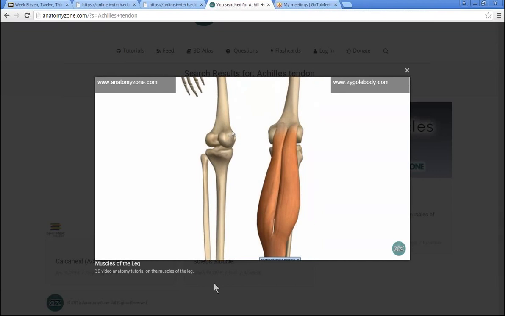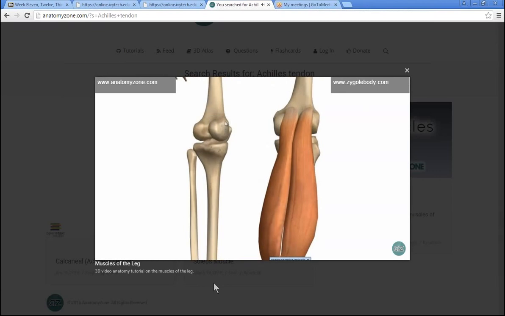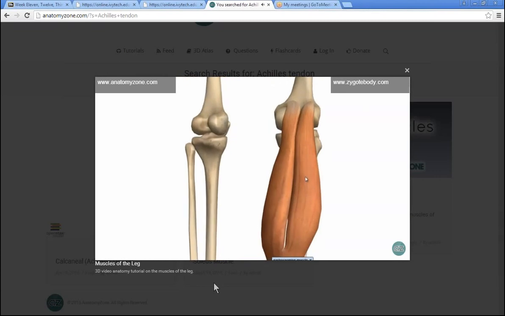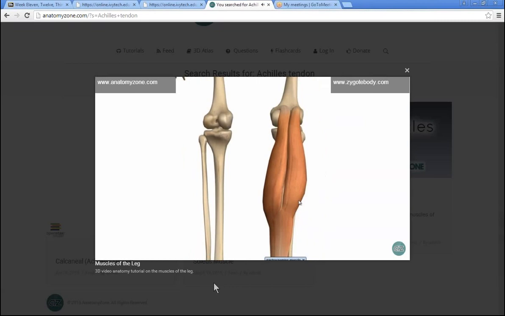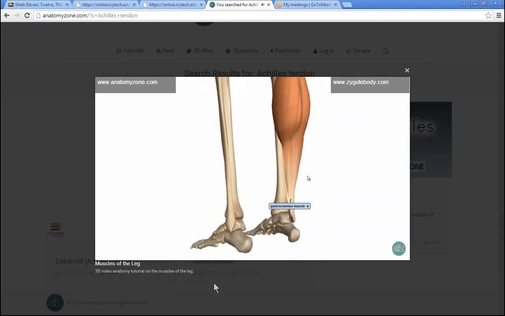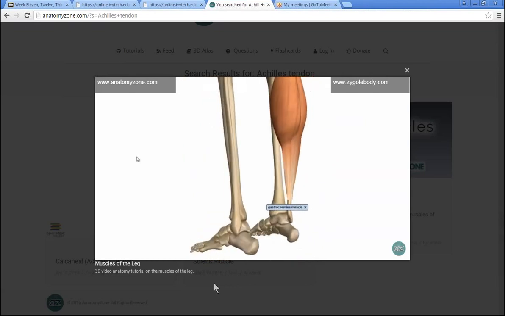So you can see on this side there's a facet here which the lateral head of the gastrocnemius muscle originates on. And if we follow the muscle down, it's not quite shown clearly here, but it inserts onto the calcaneus via the calcaneal tendon.